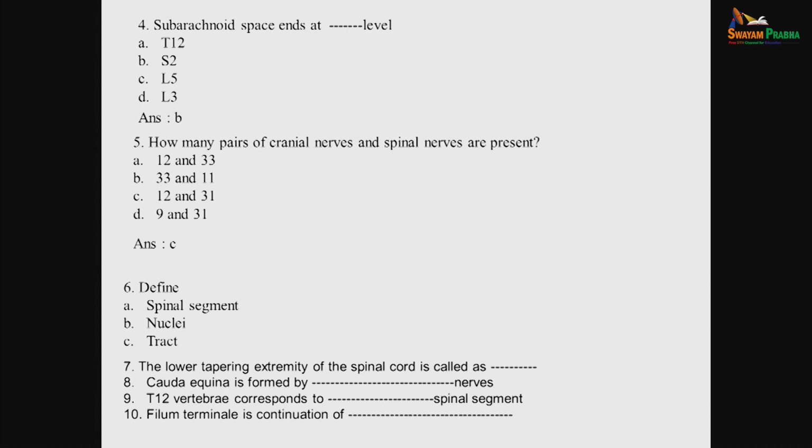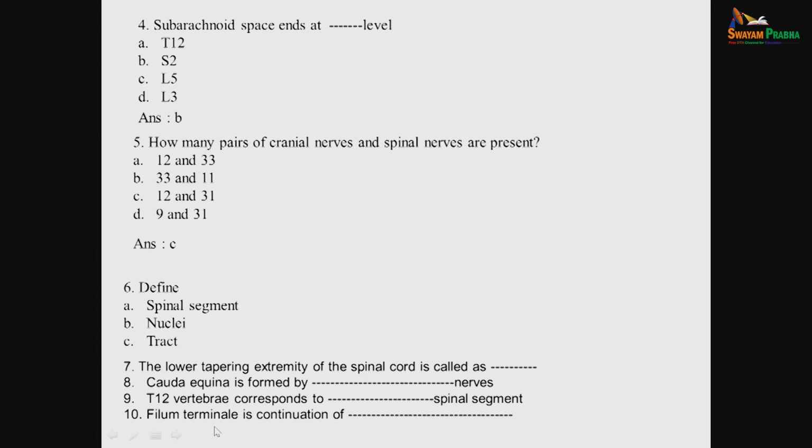We talked about the vertebra and the underlying spinal segment. We mentioned that corresponding to the vertebra, the underlying spinal segment will be caudal. So the T12 vertebra will correspond to the L5 spinal segment.